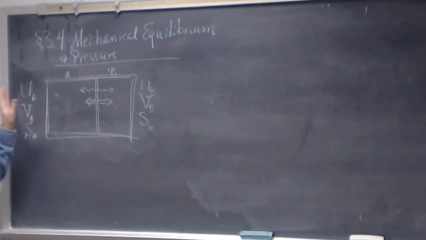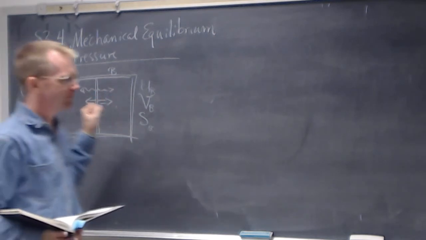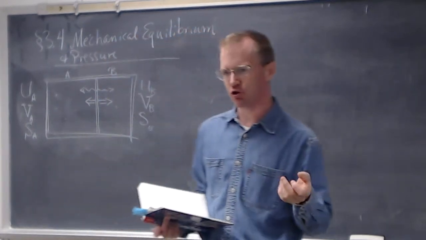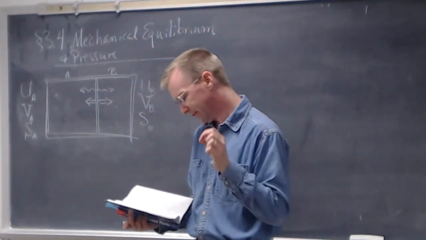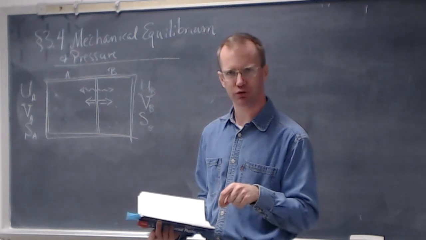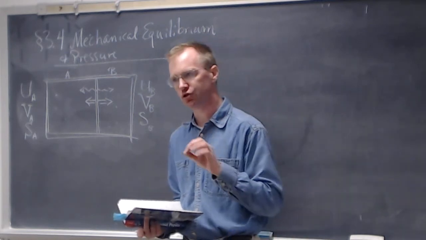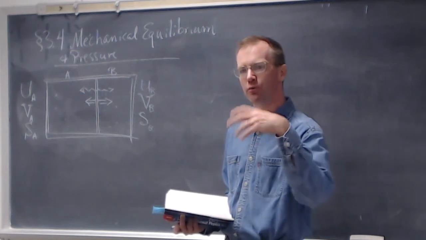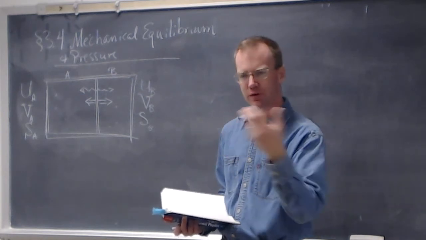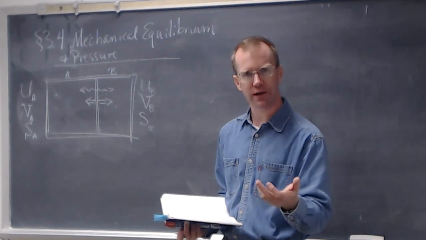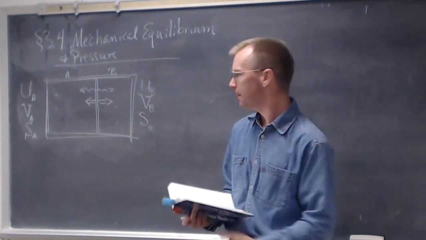So just like the thermal case, when we allow them to exchange energy, the spontaneous exchange of energy is governed by the temperatures. When they reach equilibrium through the exchange of energy, it is a thermal equilibrium and they're at the same temperature.